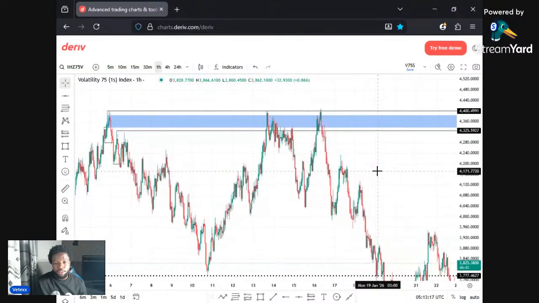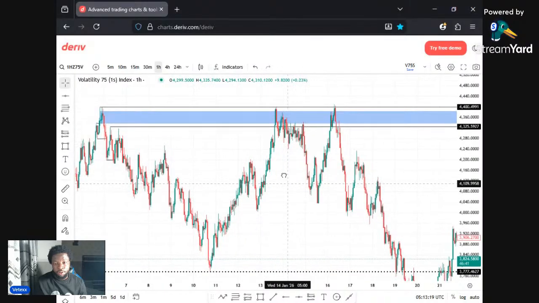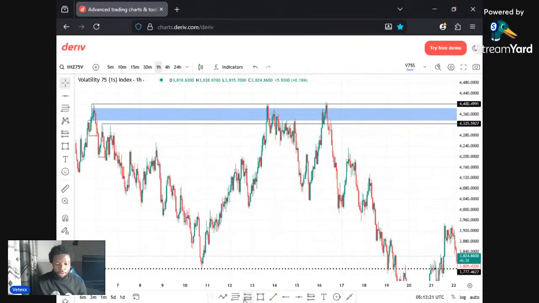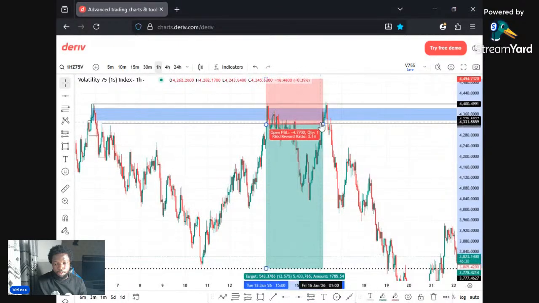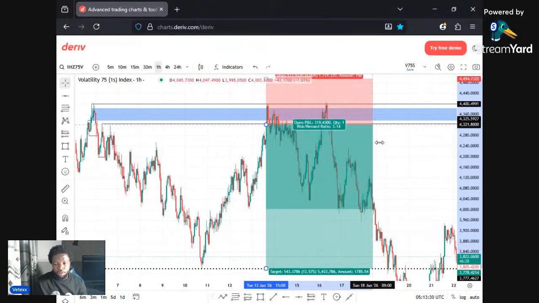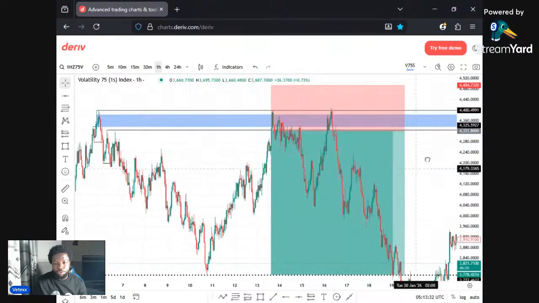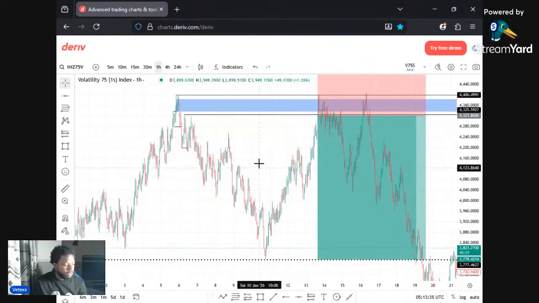You can enter the trade at this point and smash the TP, you still make a lot of profit. Alright, so this is what happened. After I gave the setup continuation, price moved and smashed TP.